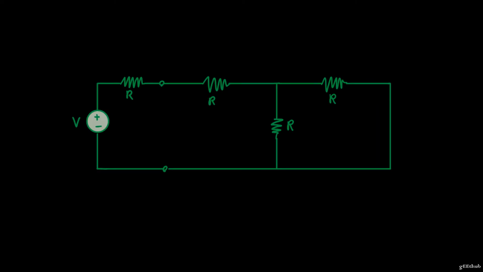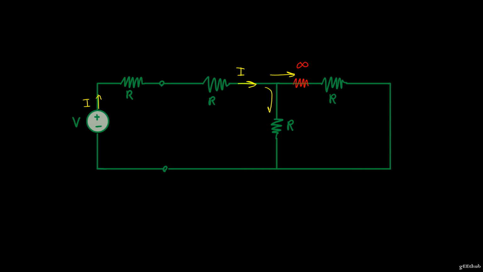So let's experiment what's going to happen if we create opens and shorts in different parts of our circuits. First scenario, I'm going to create an open over here. So when my current that's generated from the voltage source reaches this node over here, it has a path that leads to R, and it has a path that leads to this open, which is like an infinite resistance.